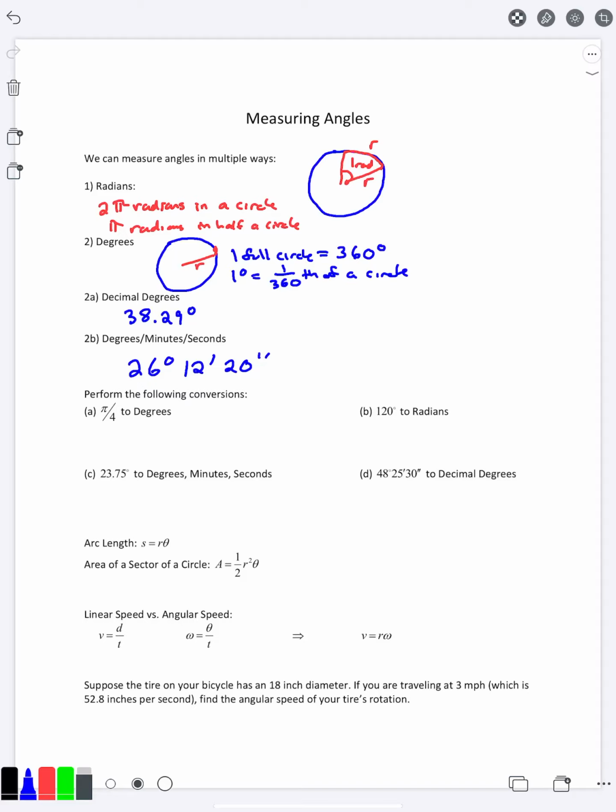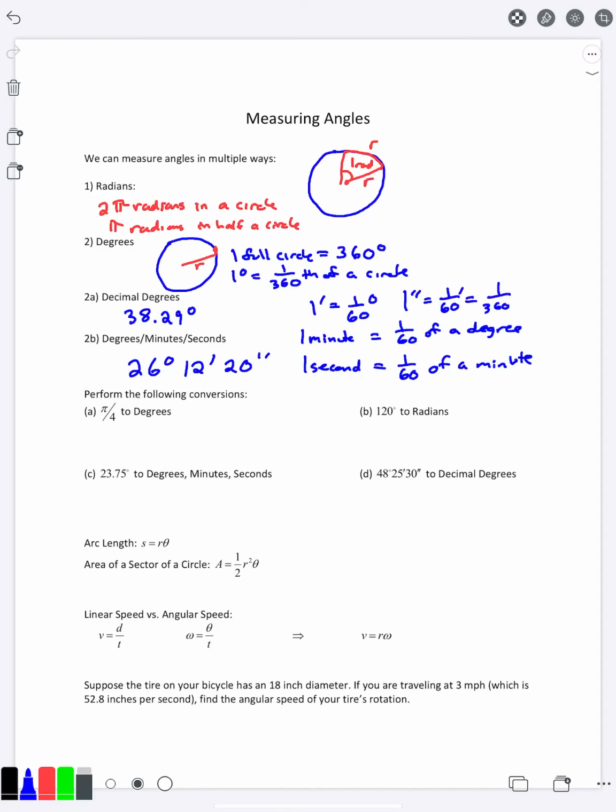So 1 minute of time is 1/60th of an hour, and 1 minute of a degree is going to be 1/60th of a degree. And 1 second here of a degree is going to be 1/60th of a minute. So in terms of notation here, 1 minute is 1/60th of a degree, and 1 second is 1/60th of a minute, which is 1 over 3600 of a degree.